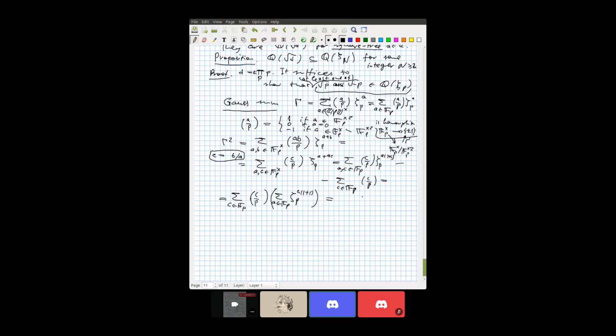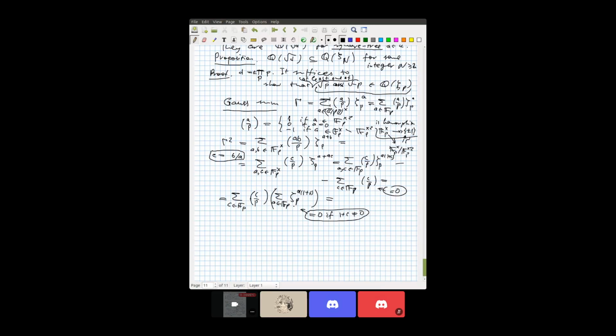So this is 0, and all these sums are also 0 if 1 plus c is not 0, because this is the sum of all pth roots of unity, and that's 0.